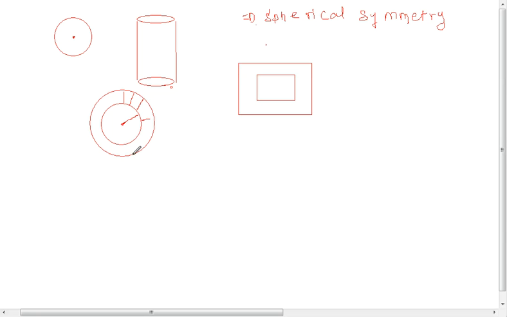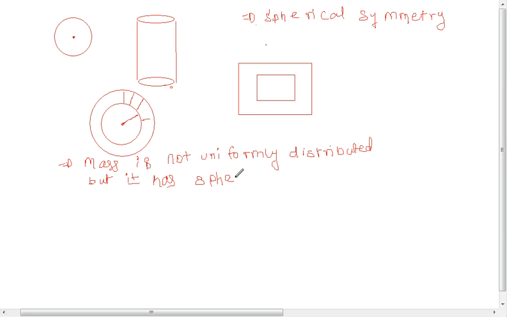You should note here that the mass is not uniformly distributed, but it has a spherical symmetry.